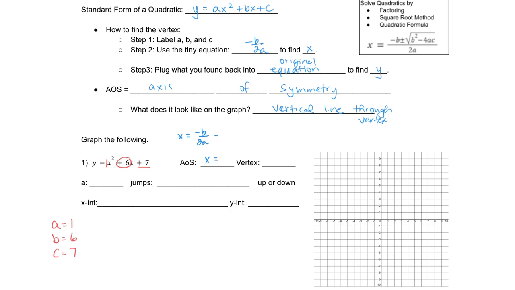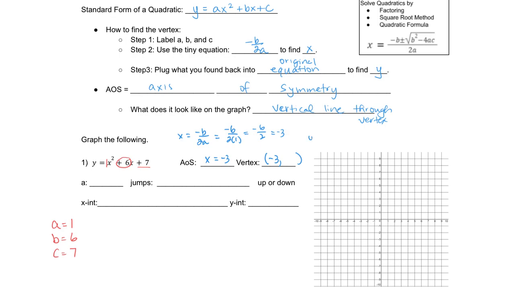So if I'm taking the b value, which is 6, and I need the opposite of 6, that's going to be negative 6 divided by 2 times the a value, which is 1. That is negative 6 divided by 2, which is negative 3. So that's my axis of symmetry, x equals negative 3. And then my vertex is negative 3, and we don't know the y part yet. We have to plug that into the original equation.